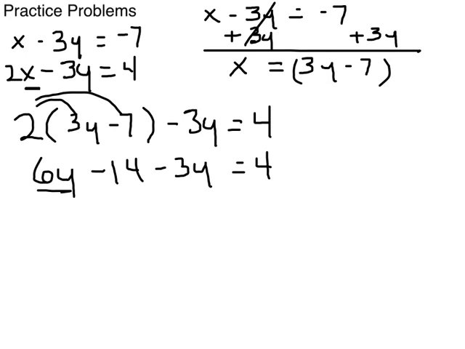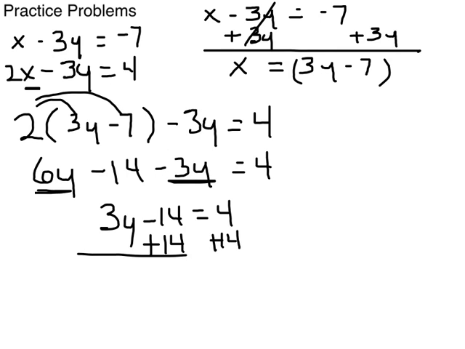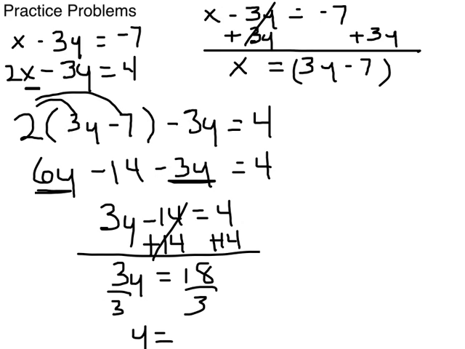Now, if I combine like terms, 6y minus 3y is 3y minus 14 equals 4. I've got to get this 14 moved, so I'm going to add it to both sides. 3y equals 18. Divide both sides by 3, and I get a value for y. y is equal to 6.